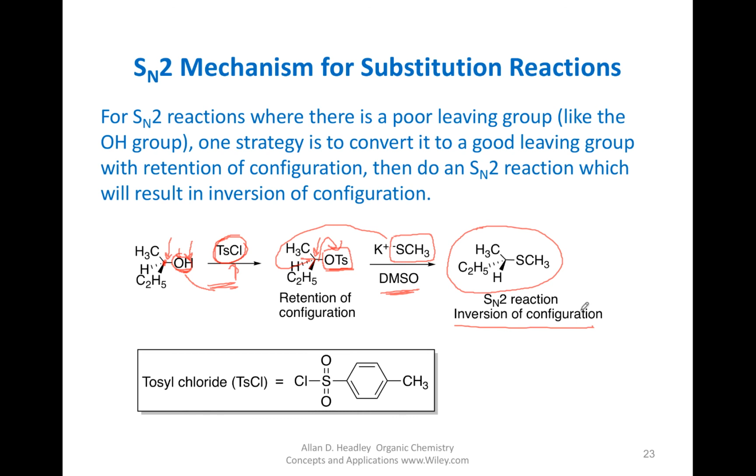We'll use that strategy quite a bit. If we have a poor leaving group and we need to retain the configuration and convert it to a good leaving group, we can use that strategy, and then we perform the SN2 reaction to get inversion. But I'll say more later on.